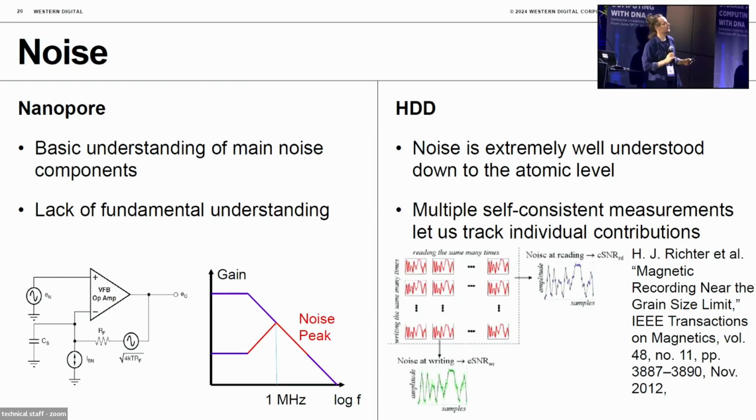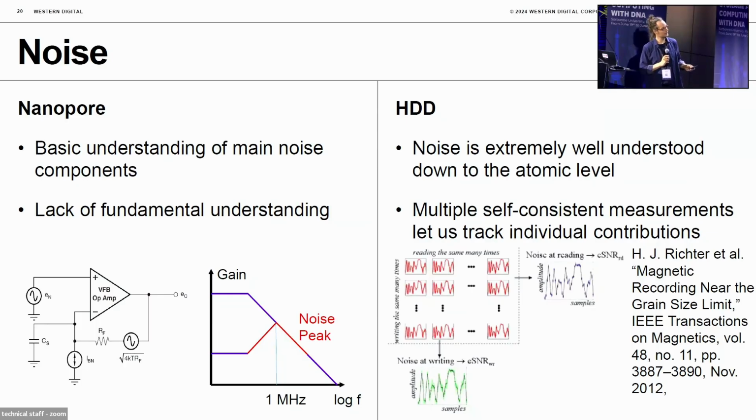Noise, I talked about that big problem. We have some idea where it comes from, but not really the fundamental level of understanding that we have for magnetism. Again, magnetism is extremely well understood down to the level of what single atoms do. Here's an interesting article from one of my colleagues.